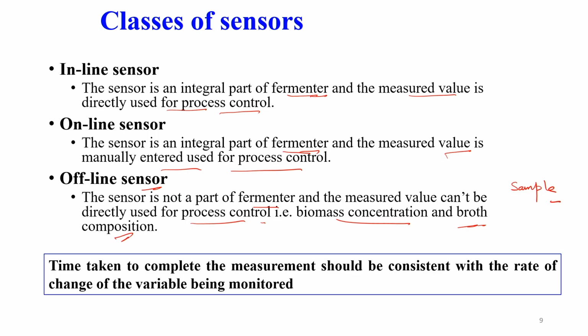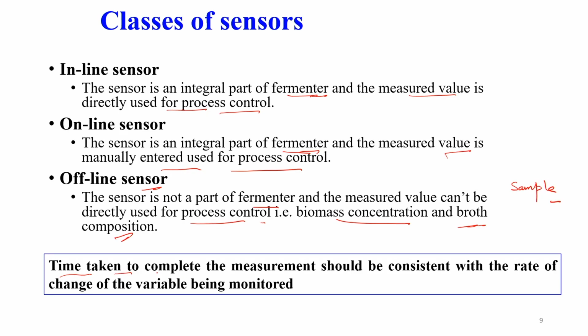Now, here this is an important consideration, because once you are going for measurement, it takes certain time, and as you know, all these parameters are dynamic parameters, means these parameters keep on changing with time, because this is a live process. So, it is important that the time taken to complete the measurement should be consistent with the rate of change of the variable being monitored.